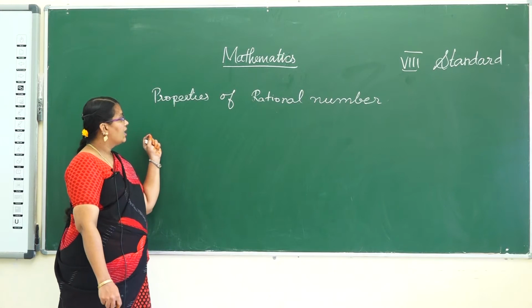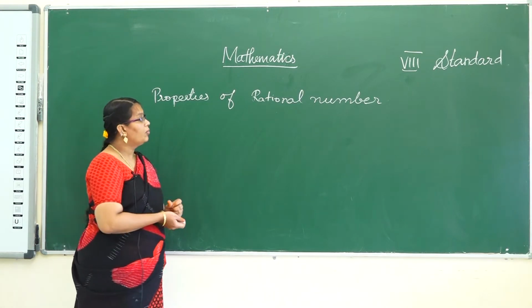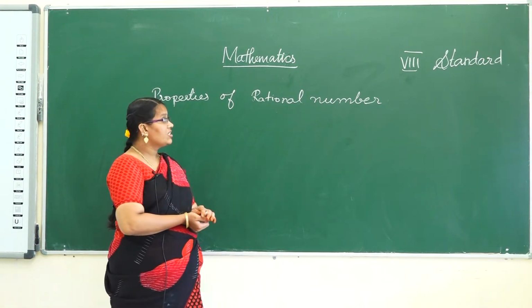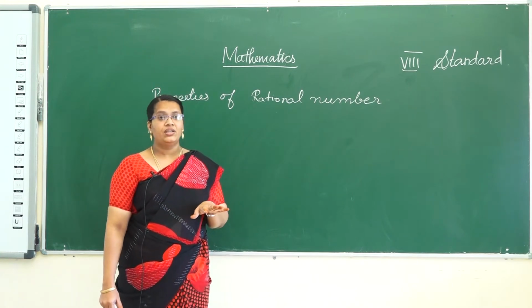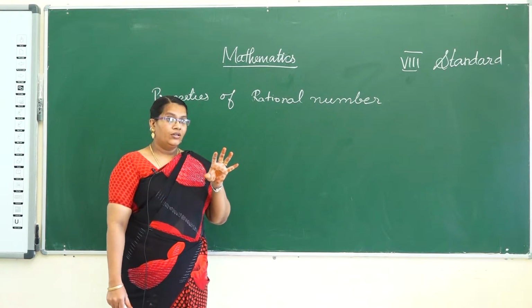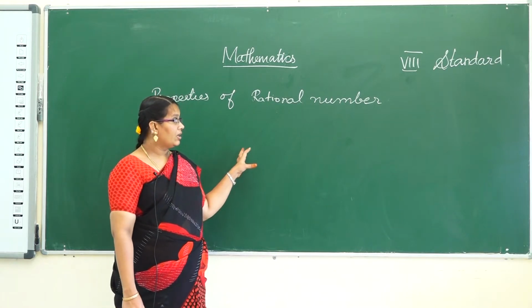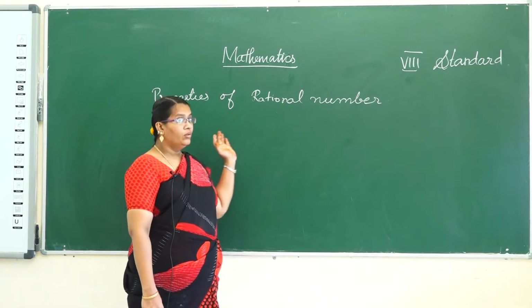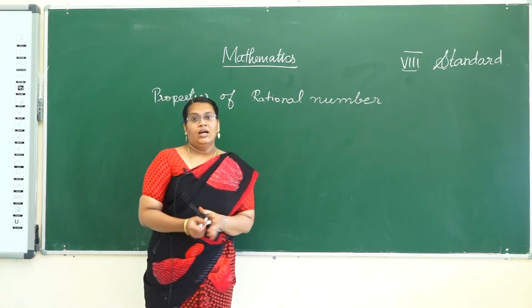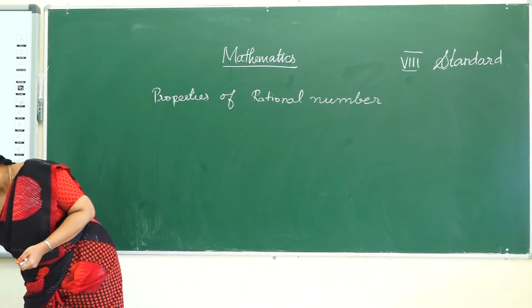We learned well about the properties of rational numbers for multiplication and division. I hope you all understand the concepts and are not having any doubt. So now we move to the related exercise.